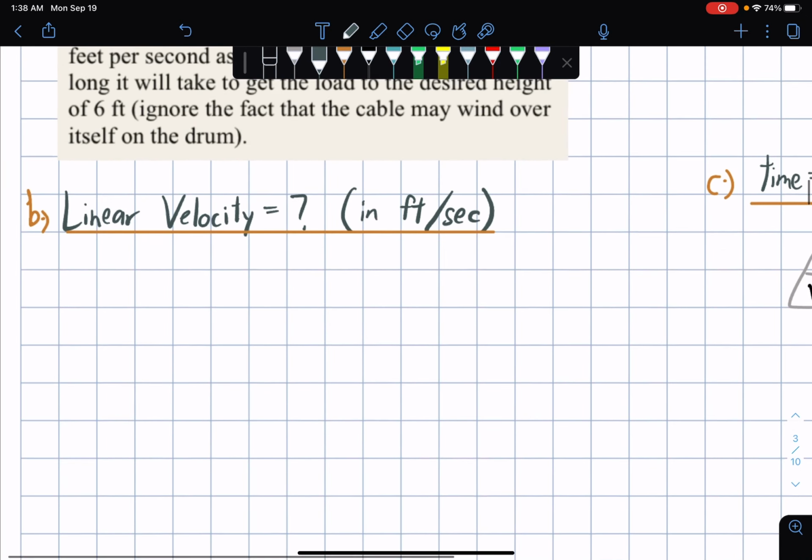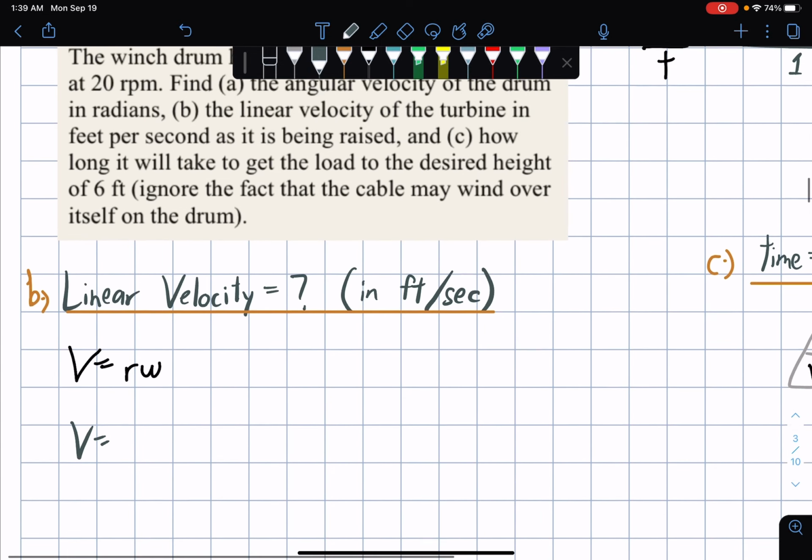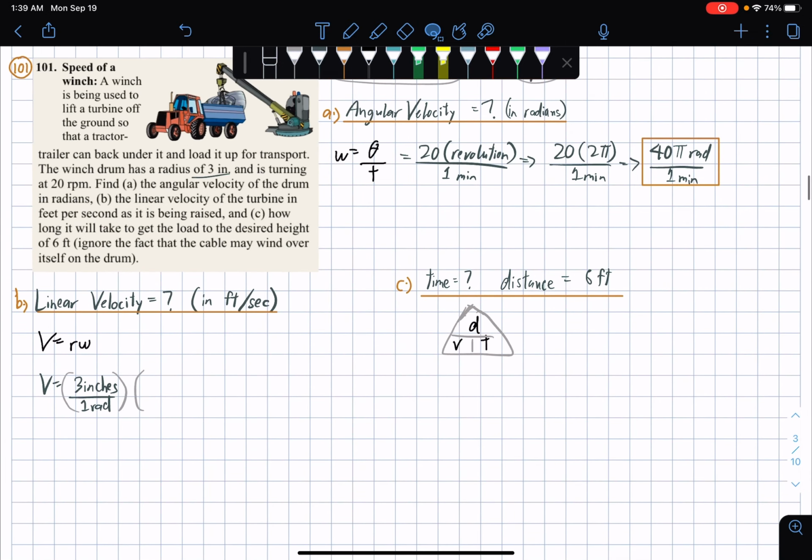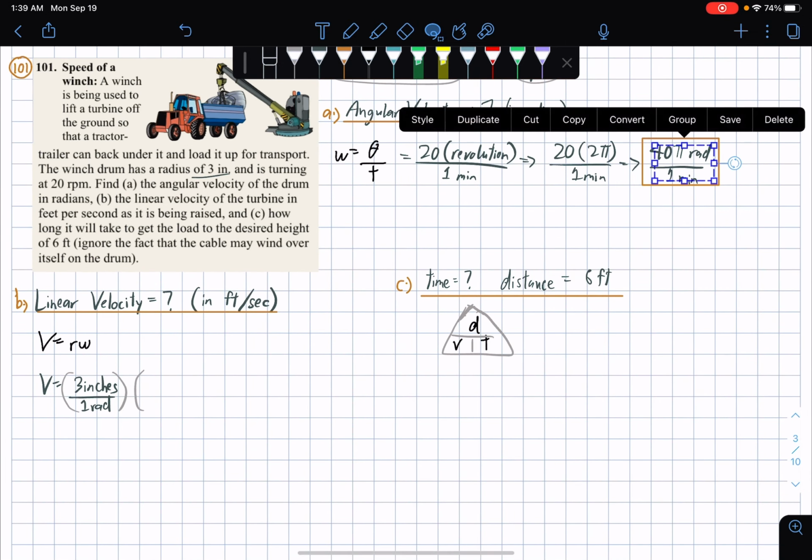Let's find B, linear velocity. So V is equal to RW. V is equal to radius, which is 3 inches, then put over 1 rad. Then times the angular velocity, which is this one.